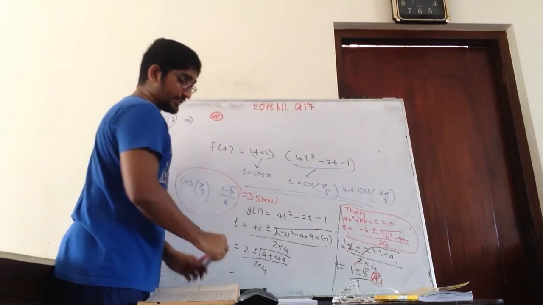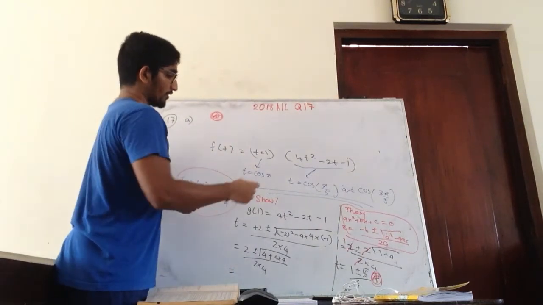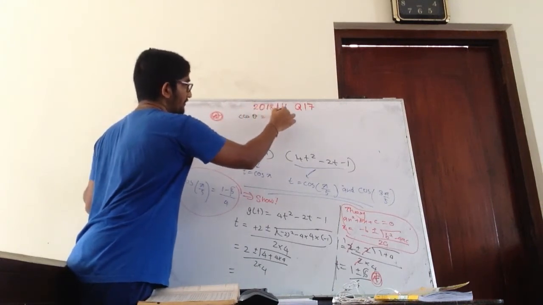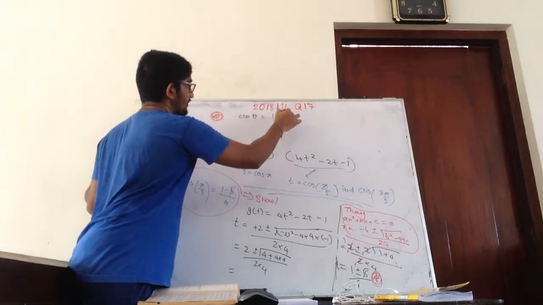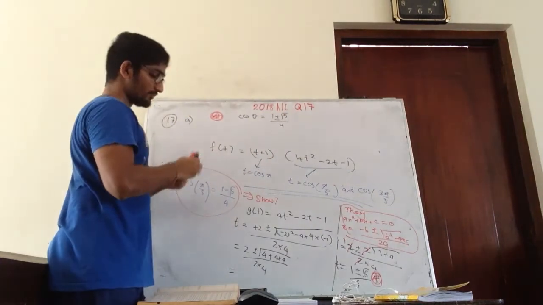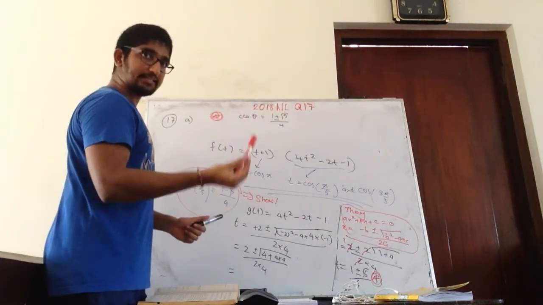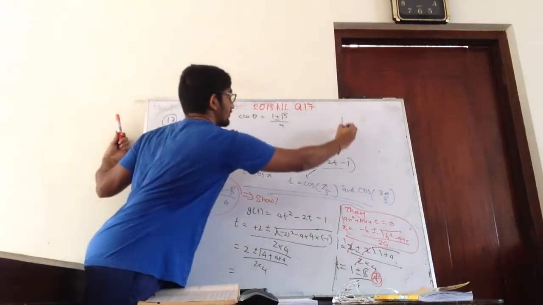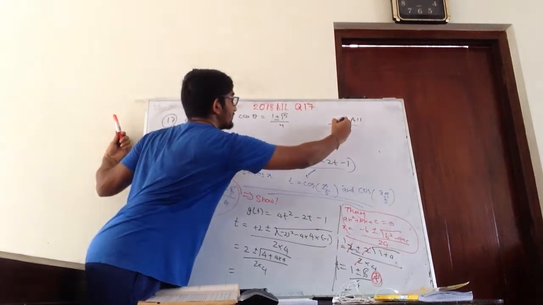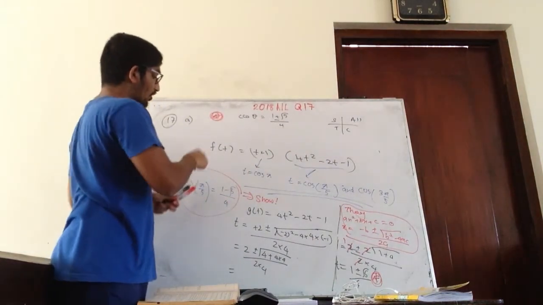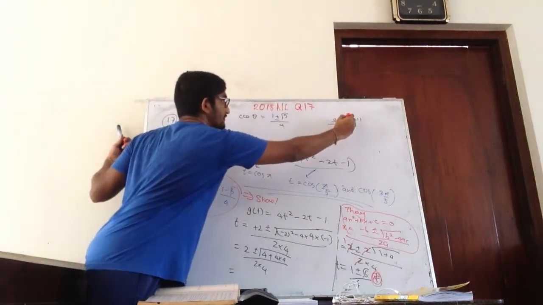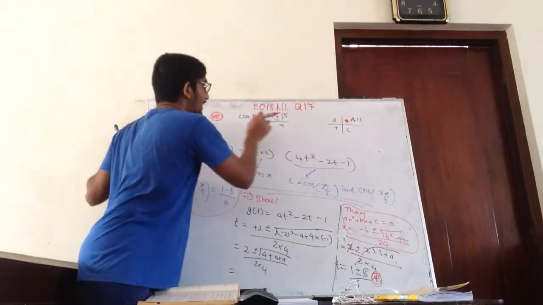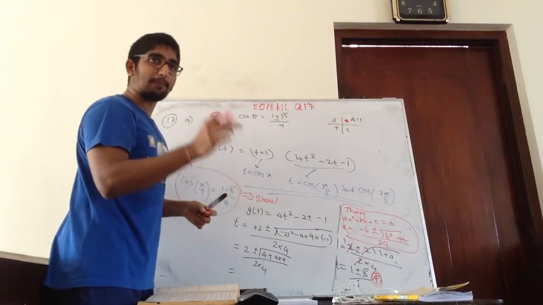So what I need here is that t, or basically cos phi, is 1 plus or minus square root 5 over 4. What I need here is cos phi over 5. That means, all acute, so cos phi over 5 is definitely positive here. Right? Therefore, the value of this should definitely be positive.